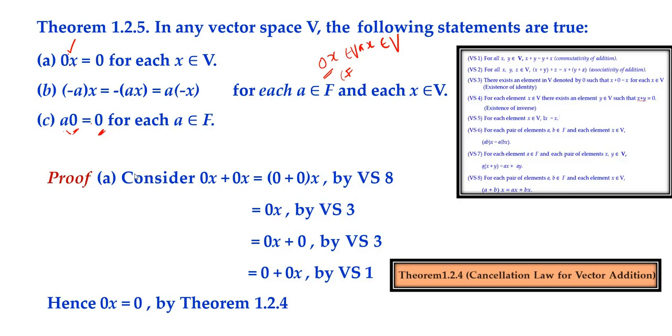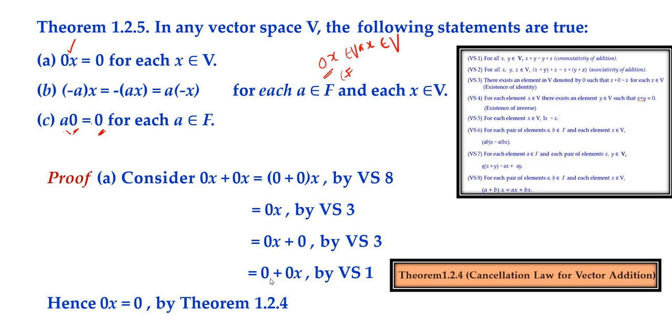Now you consider 0x plus 0x by VS8. If you consider this, you can rewrite ax plus bx, so that you can write as (0 plus 0)x. Now 0 plus 0 is 0, that's by VS3. So you have this. Now this 0x you can write again by VS3, 0x plus 0.